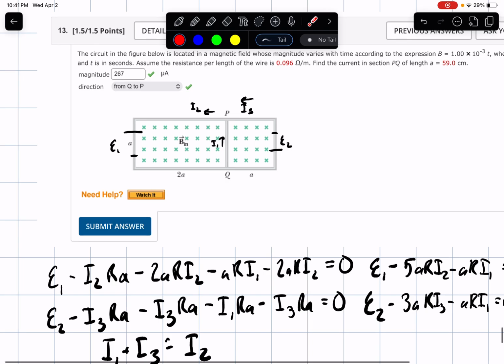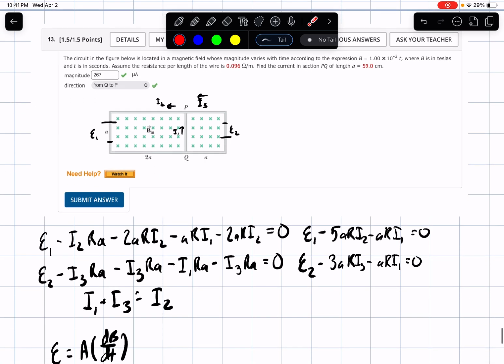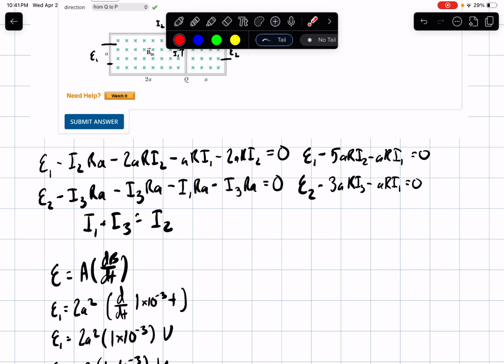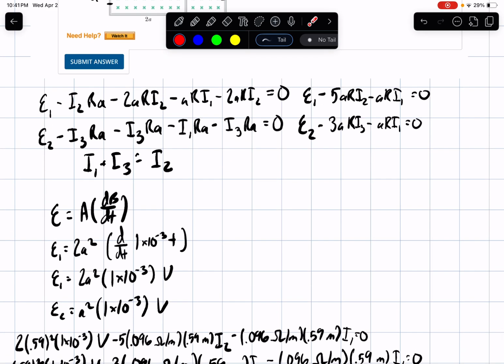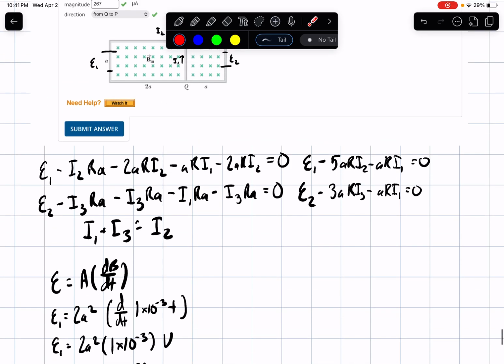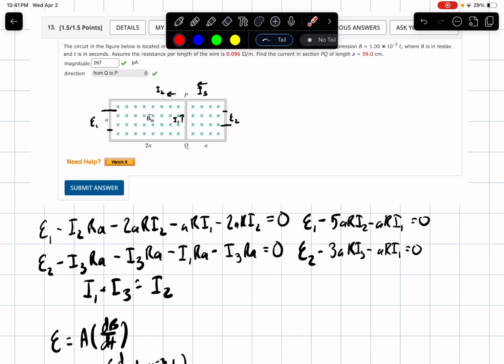However, if you compare the two EMFs, EMF 1 is greater than EMF 2. Therefore, EMF 1 is going to be stronger than EMF 2. So EMF 1 was going from Q to P, it's going to be stronger than the P to Q.